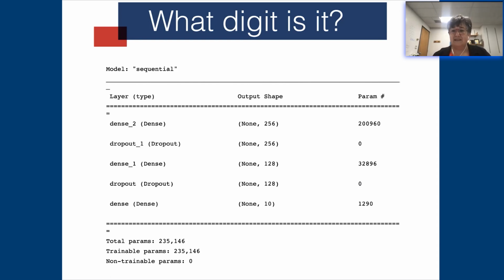You can see that this simple network has 235,000 parameters. We have 60,000 images. You thought that 60,000 images were a lot. We have here 235,000 parameters.